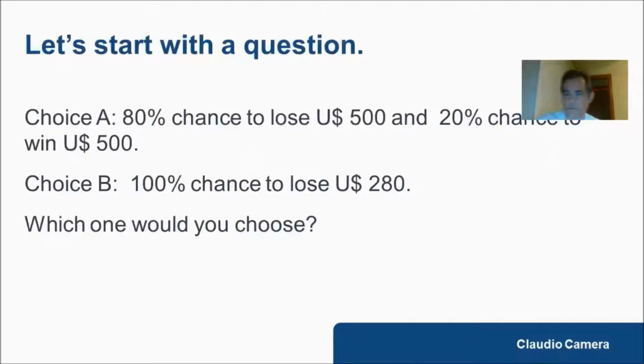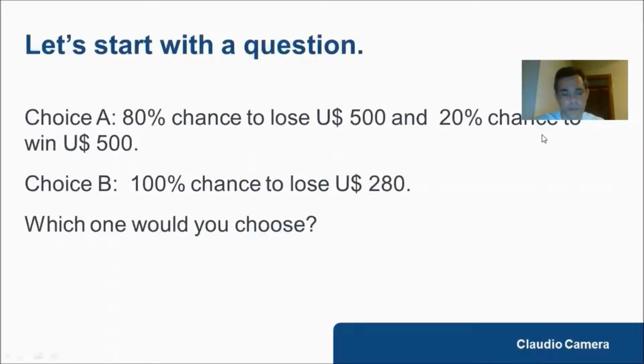Well, if you just look at the situation and you don't use decision tools to help you make a choice between A and B, you can have a lot of thinking. For instance, someone could think, in choice A, I have a chance to win 500, which is a good amount, but I also have a chance to lose 500.